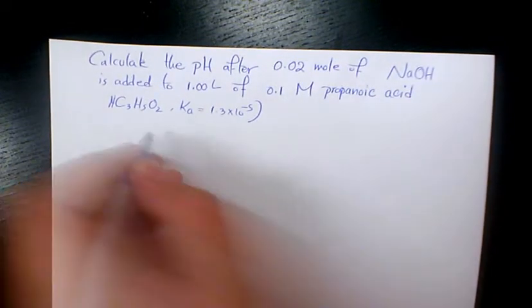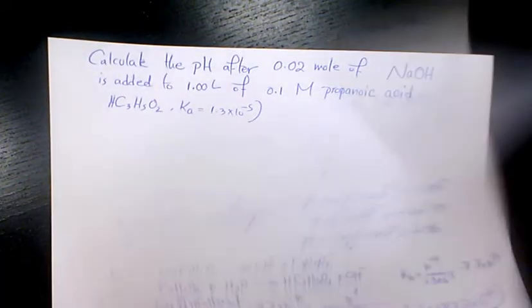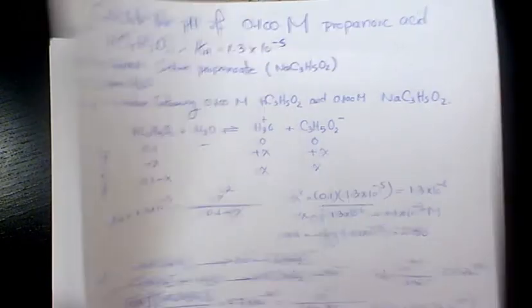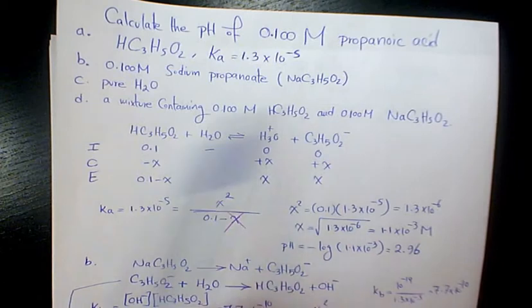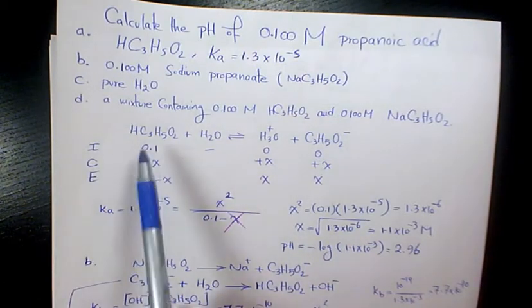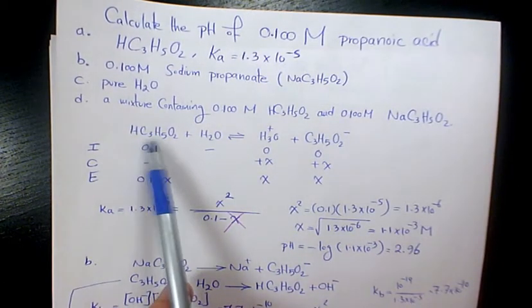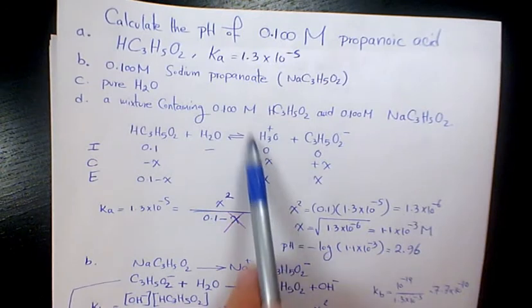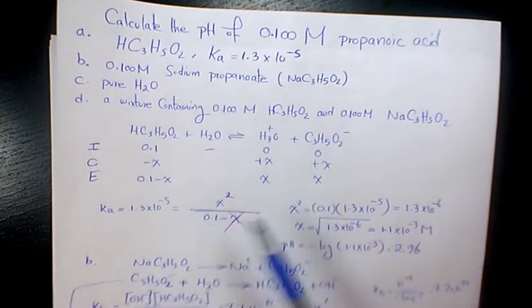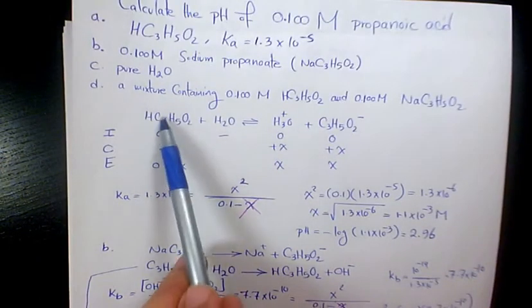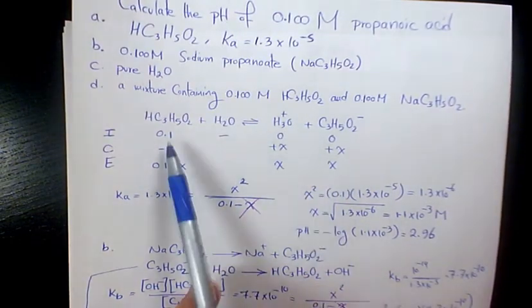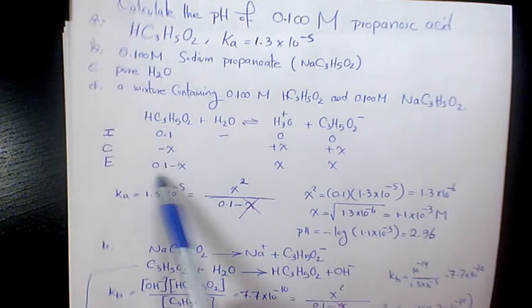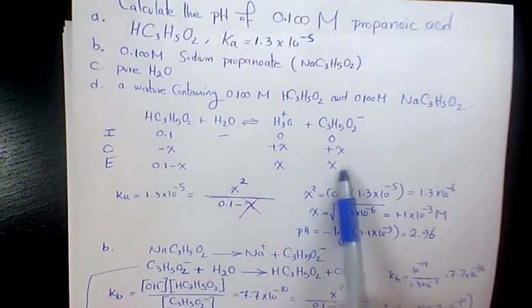First of all, before we add this NaOH, we calculated the pH in the other example: 0.1 molar of propanoic acid. The pH is calculated using this formula. Acid plus water gives hydronium ion plus the conjugate base. So we have 0.1, negative x, x and x. At equilibrium we have 0.1 minus x, and here we have x and x.